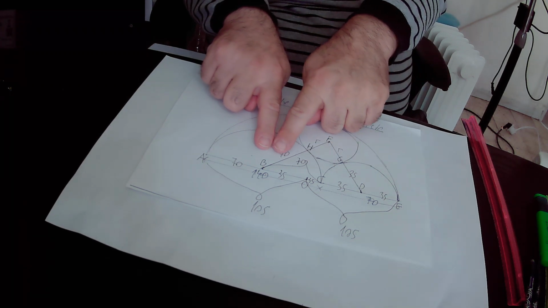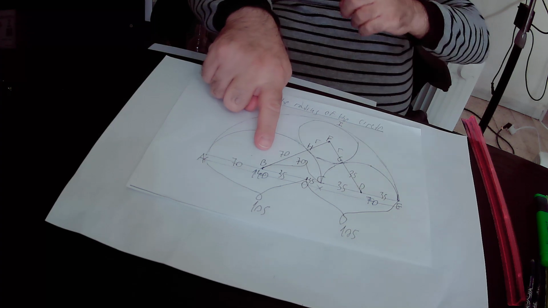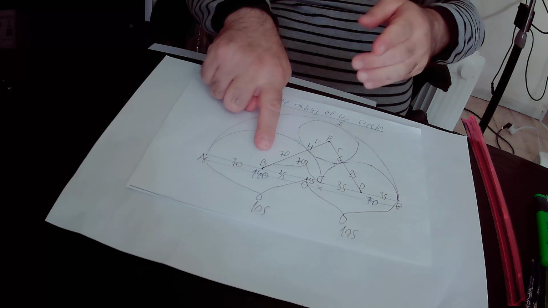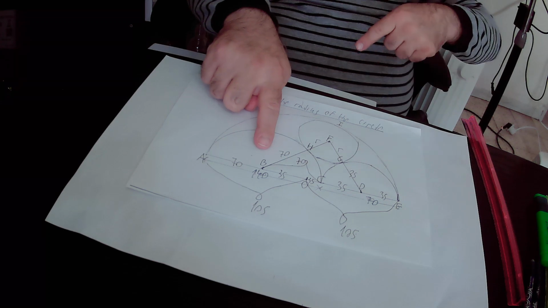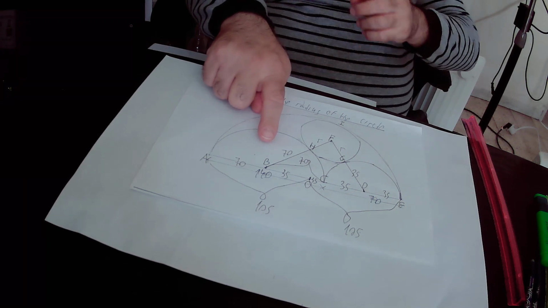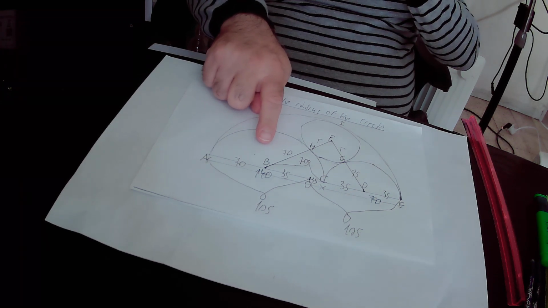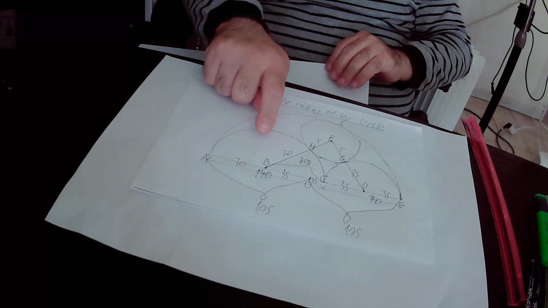And because BCD is one straight line, it means that the distance BD between their centers will be equal to the addition of the two radii with each other.